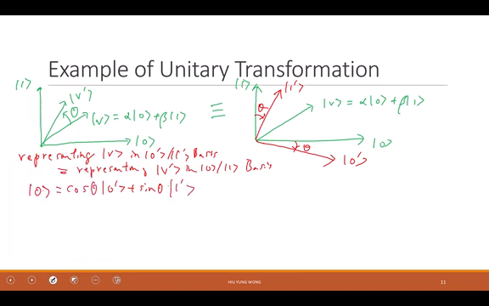Because when I talk about this 0, it is equal to cosine theta of 0 dash and then sine theta of 1 dash. Okay, hold on, let me see.